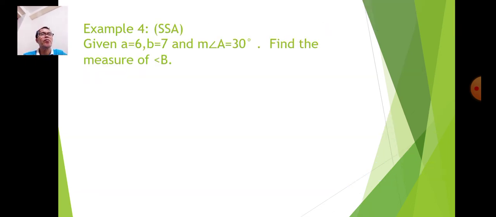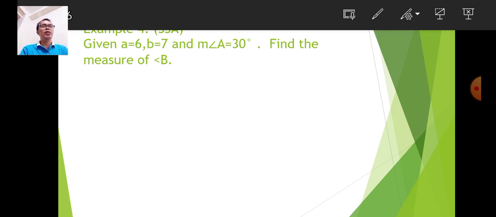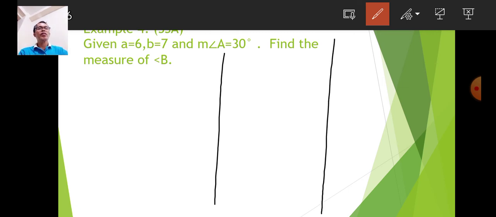Okay, another example. Example number 4, if two sides and a non-included angle are given. We are given that side a is equal to 6, side b is equal to 7, and the measure of angle A is equal to 30 degrees. We are told to find the measure of angle B. So we have a triangle.